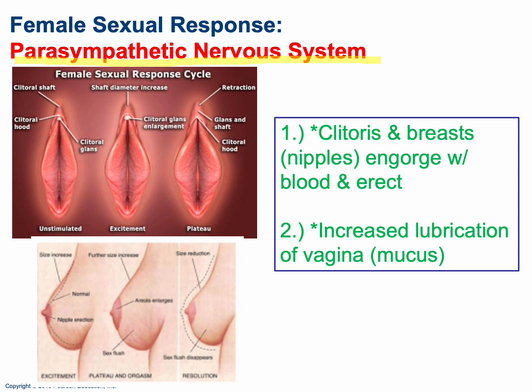During the initial sexual encounter, the clitoris and the breast will become erect and engorged with blood. There also will be an increased lubrication of the vagina. So both of these are controlled by the parasympathetic nervous system of the female.